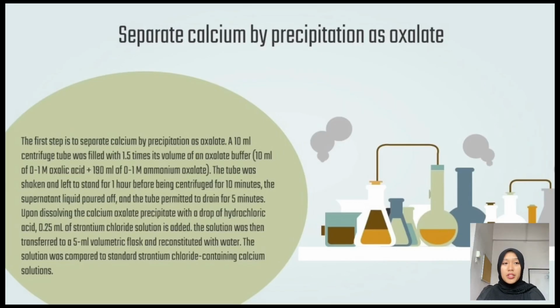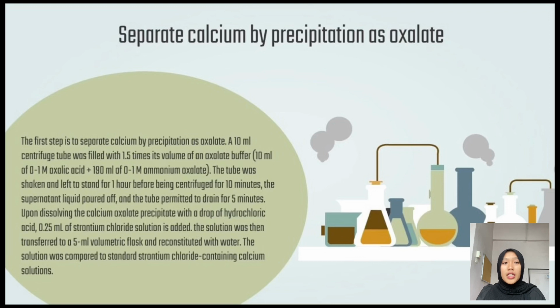The first step is to separate calcium by precipitation as oxalate. A 10 mm centrifuge tube is filled with 1.5 times its volume of an oxalate buffer. The tube was shaken and left to stand for 1 hour before being centrifuged for 10 minutes. The separated liquid was poured off and the tube permitted to drain for 5 minutes.